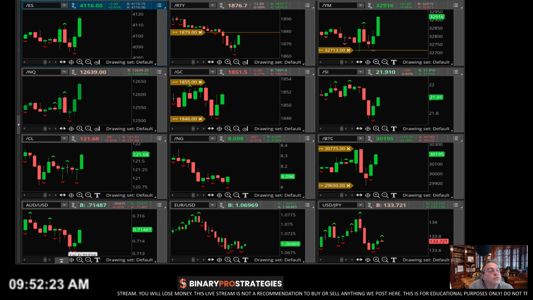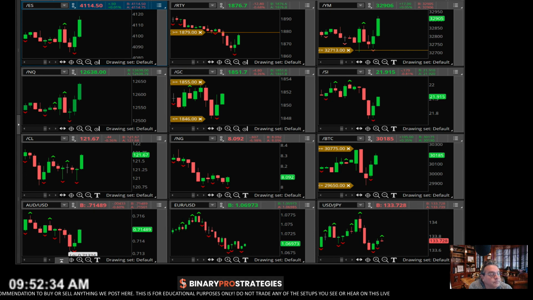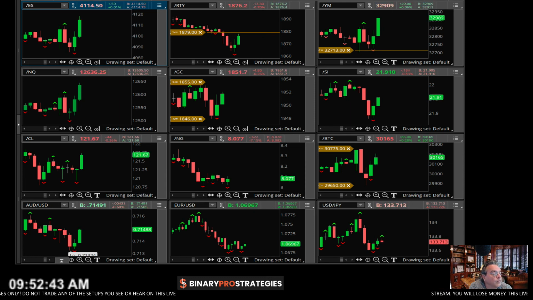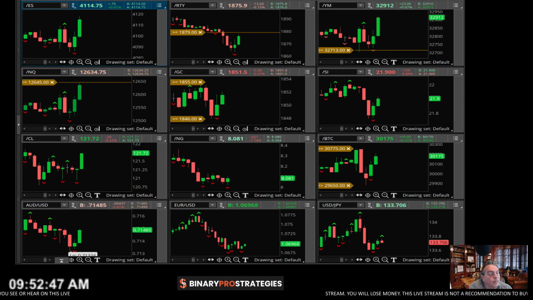Target on NQ is already getting close. Target on NQ is going to bring you up to 126.45. And target on YM already hit target, so out of the YM.